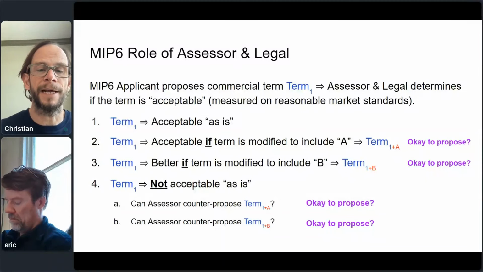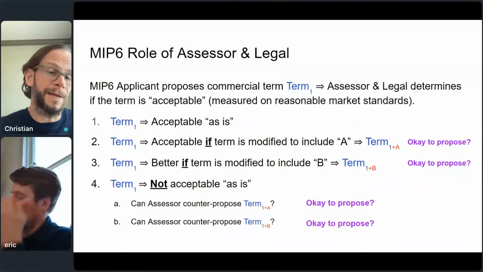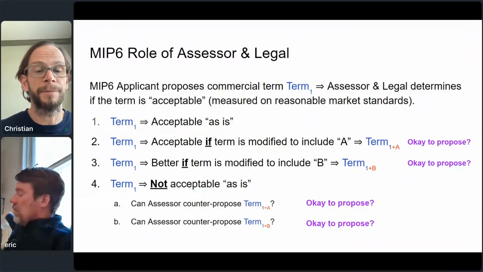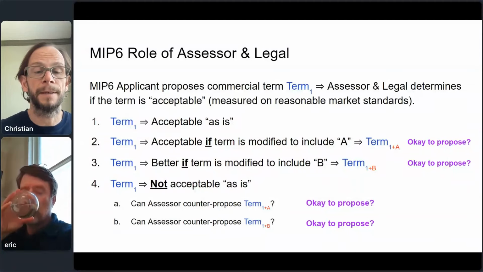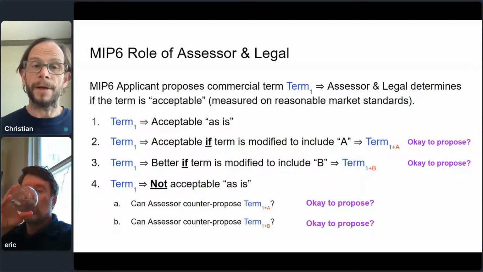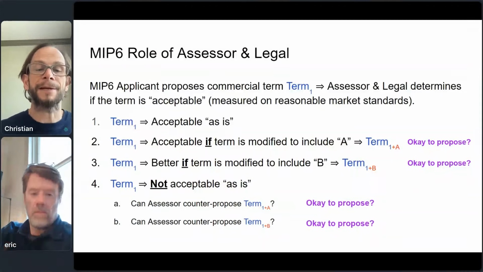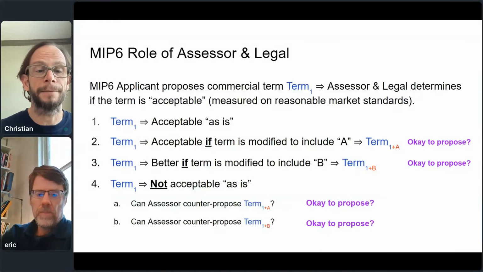Is that a negotiation? Well, what if it's actually better, so it's not just acceptable, but it would be better for Maker if the term is modified to include B, so it's now term one plus B? Is that okay? Is our role to look out for the best interests of Maker by proposing a term that may be better for Maker than just term one plus A?